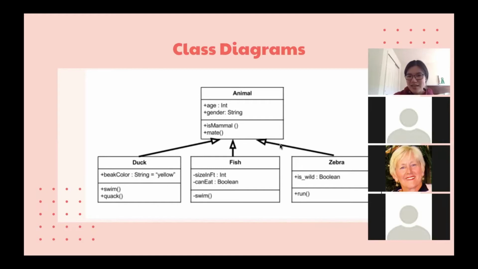The reason I'm showing you these class diagrams is that when you're programming, sometimes you're focused so much on syntax that you miss the conceptual ideas. So it's important to separate the syntax, how to do something in a certain language, from the general concept.